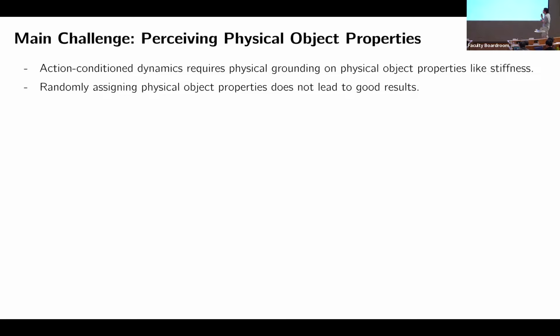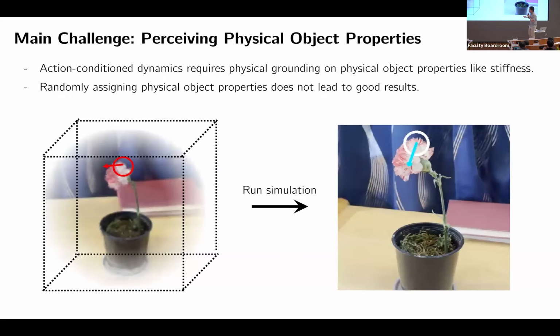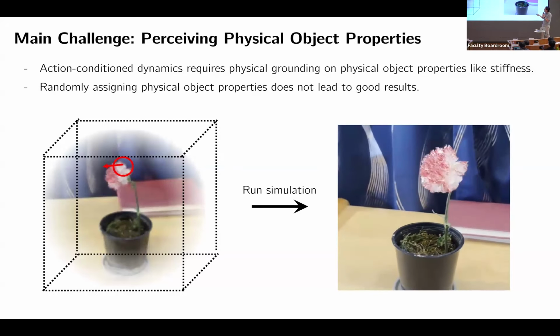In this case, for action-conditioned dynamics prediction, it really requires physical grounding on these physical properties like stiffness. And it turns out randomly assigning physical properties doesn't give you good results. That was a bit surprising to me at the very beginning, because I thought it's just one number, right? What if you just randomly sample some numbers and maybe it would just be fine? And it turned out it was not as fine. If you just sample something, it'll be like this.